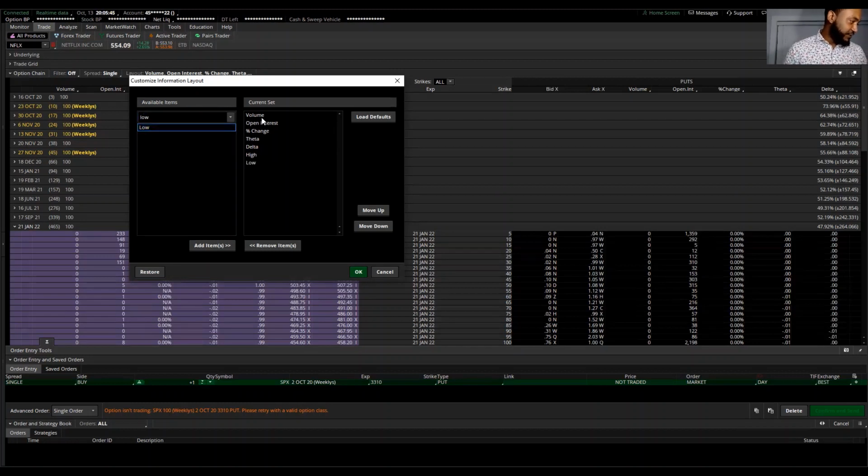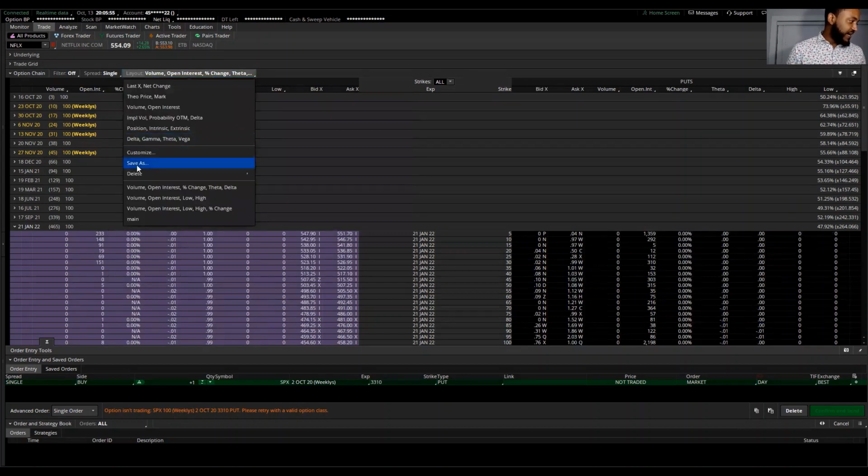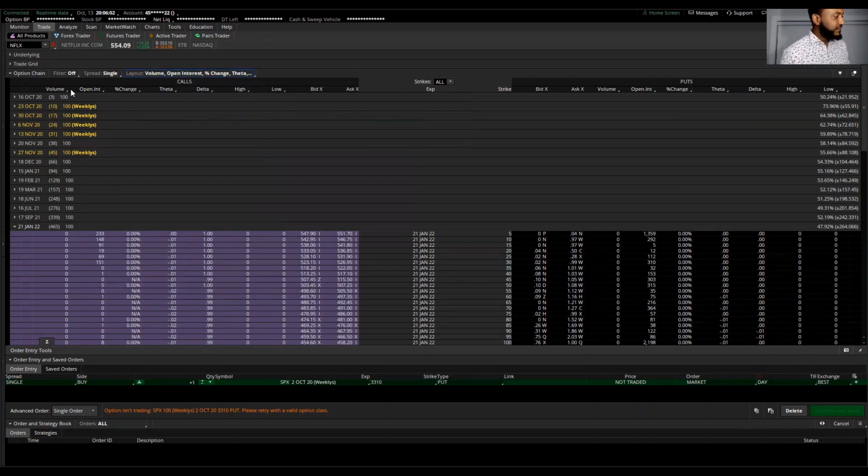If you just search for any of these, you'll be able to get them in. Make sure you click Add Items or double click, and you'll see them come up in your current set. Push OK. Then from there, you're going to go to Save As and save this set. Now you'll see here: volume, open interest, percent change, theta, delta, high, low, and then the bid and ask.